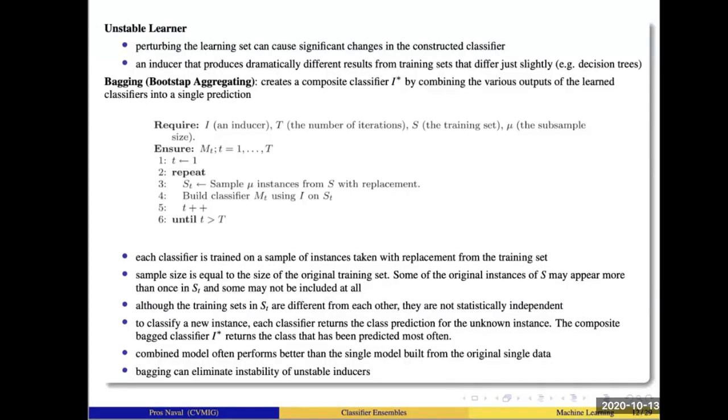Now, earlier we were talking about the weak learner. This time we will talk about the unstable learner. The unstable learner is not the same as a weak learner. What is an unstable learner? An unstable learner is one where perturbing the learning set can cause significant changes in the constructed classifier.